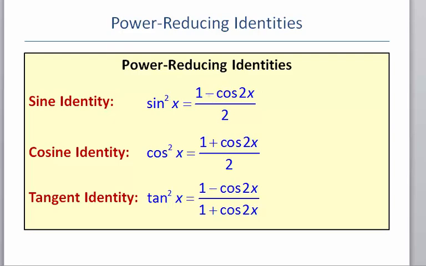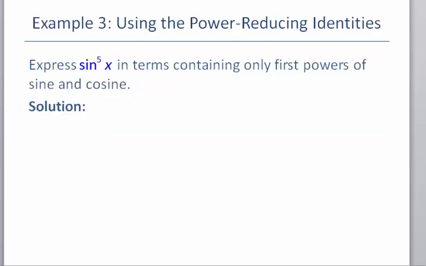Okay, so just what it says, reducing the power. Now, these identities follow quickly from the double angle identities. So you could take your double angle identities and see very easily how they come up with these power reducing identities. All right, let's look though at how they're used.